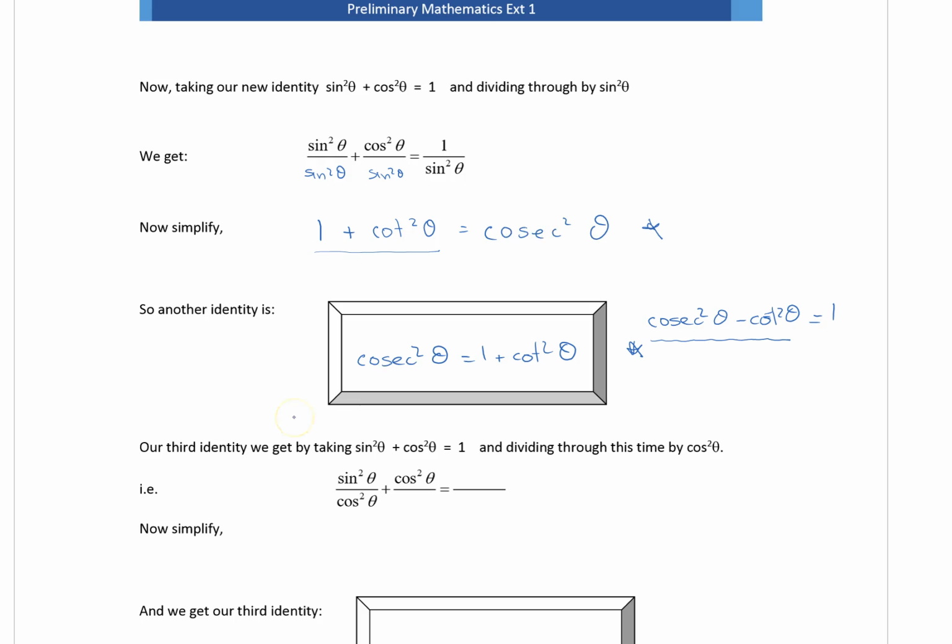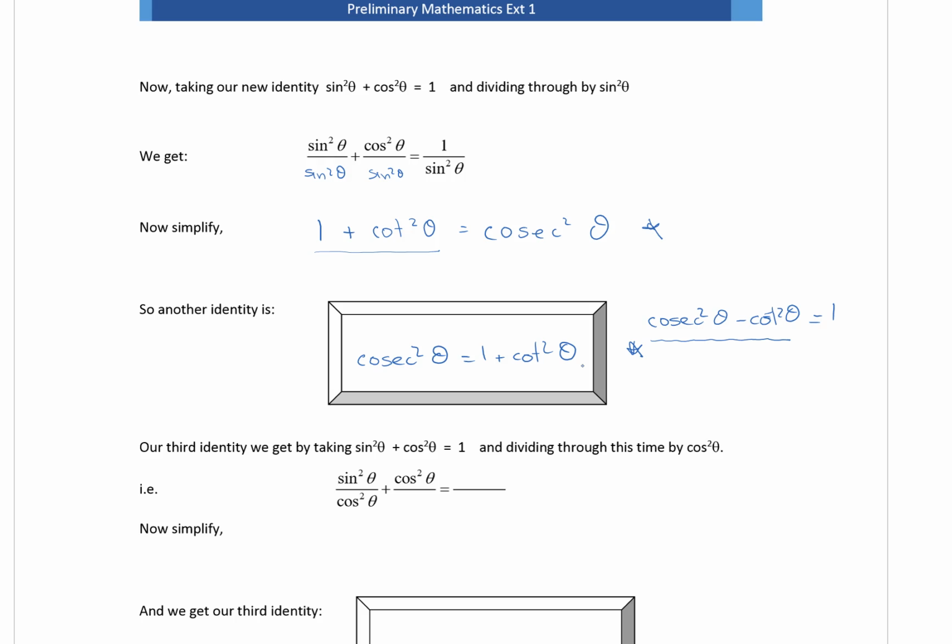And likewise, if you've got a cosec and it's looking like you don't want cosec, but you wouldn't mind having cot in your expression, that would help you progress, then you can replace your cosec squared with 1 plus cot squared. Now, this is basically what you're going to be doing with these identities.